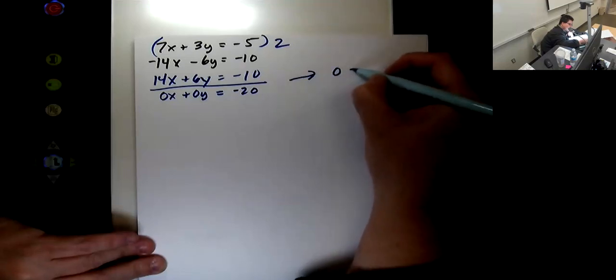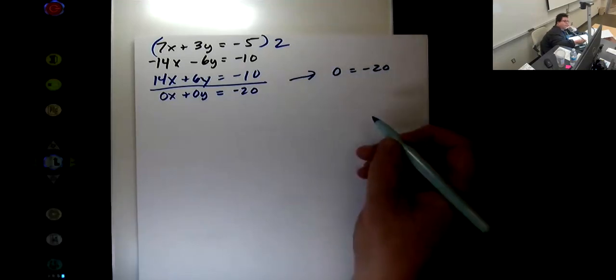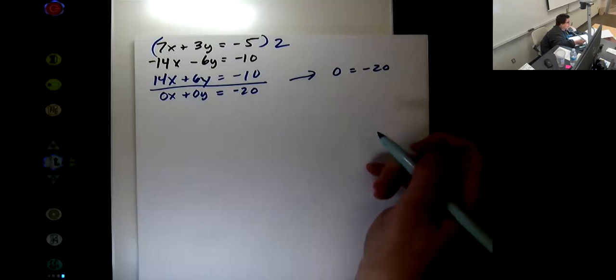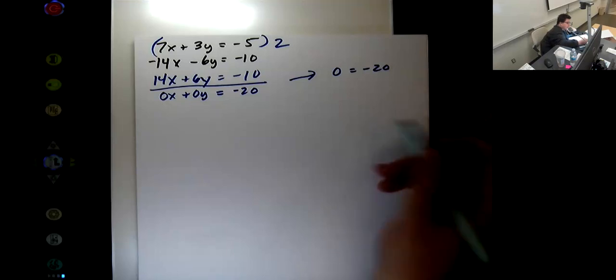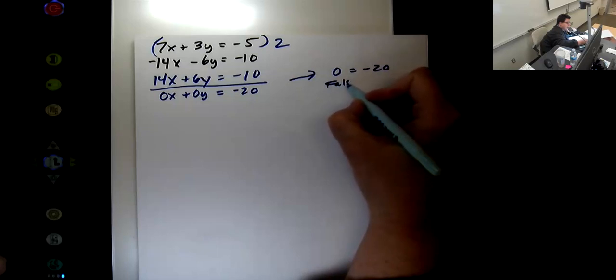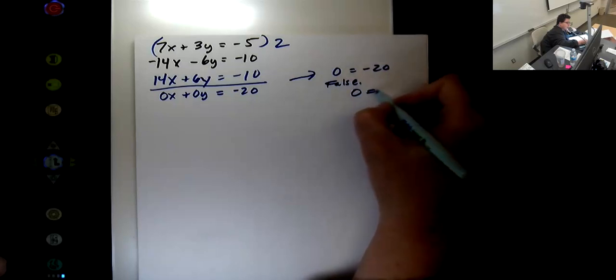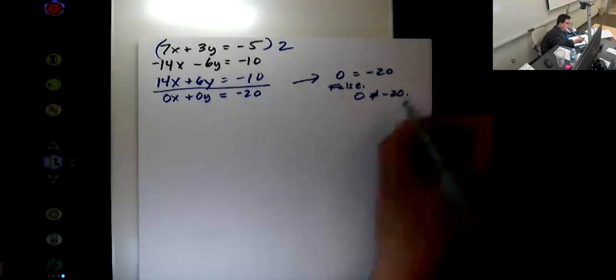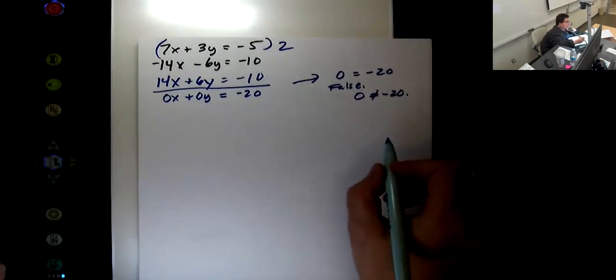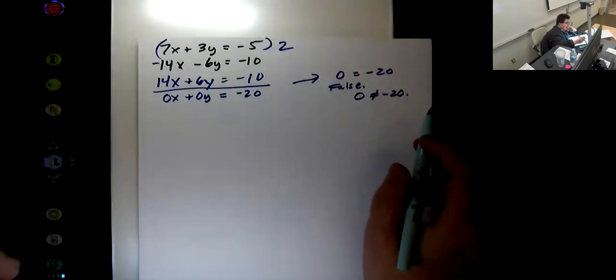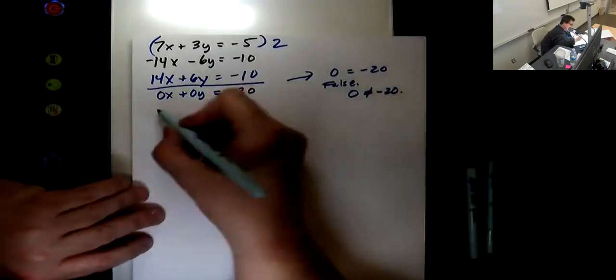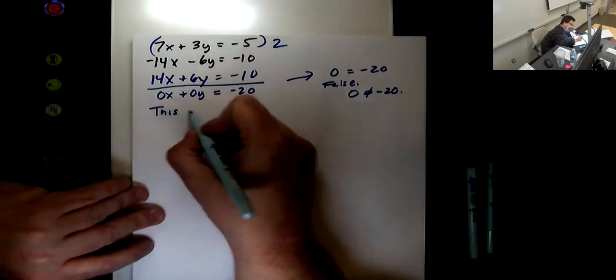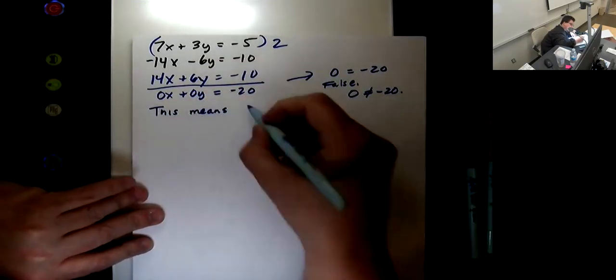Or 0 equals negative 20. Is this true? This is flat out false. 0 does not equal negative 20. And yet, if you double check your steps, everything was done correctly. This means there's no solution to this system of equations.